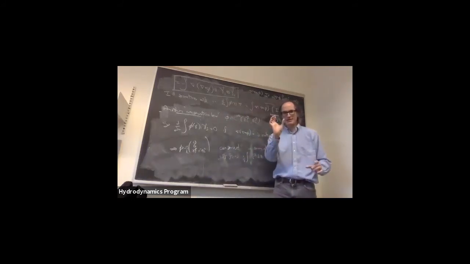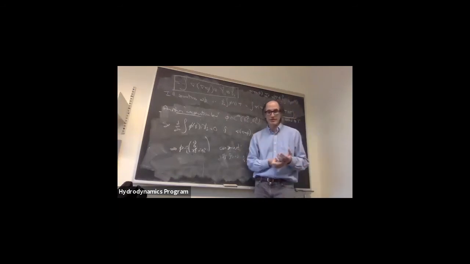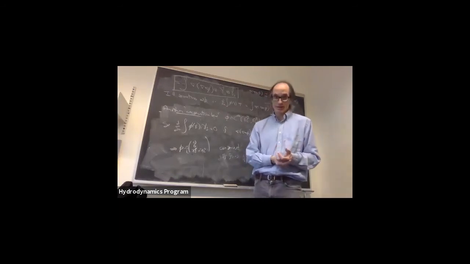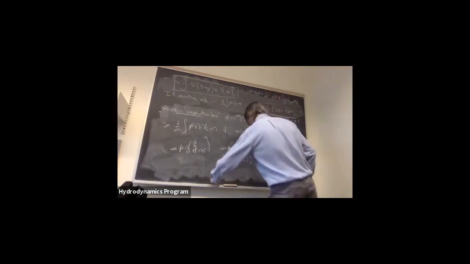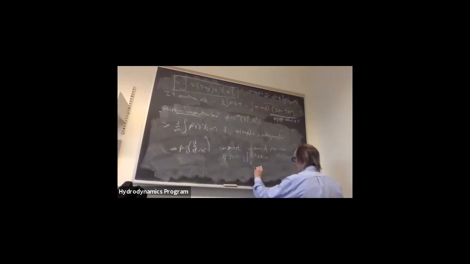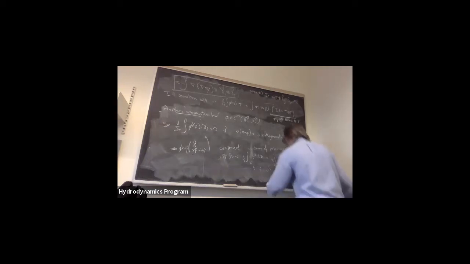Okay, this also has a geometric interpretation, which is, let me just say in words. If gamma is the boundary of some S, then by Stokes theorem, this is the integral over S of r dr dz.